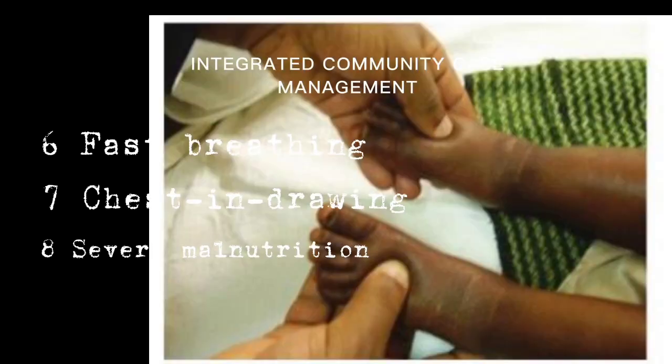Look at both the child's feet for swelling. This is edema. This identifies severe malnutrition in children with a condition called kwashiorkor. Although these children have severe malnutrition, their bodies are swollen, round, and puffy, not thin.